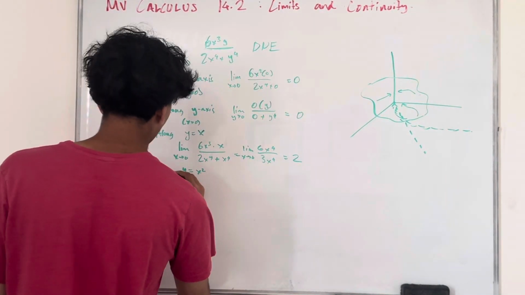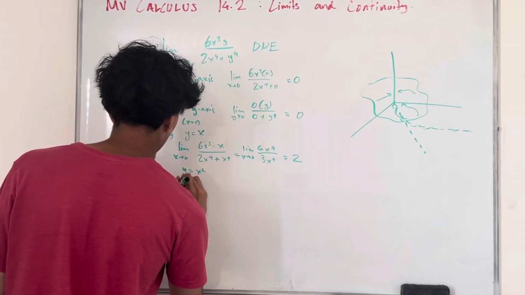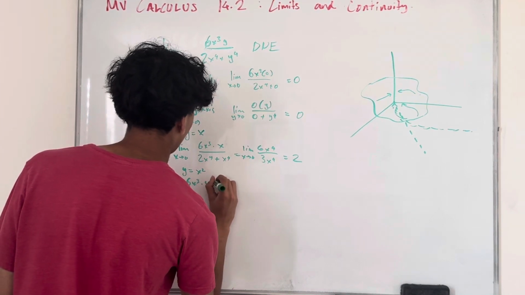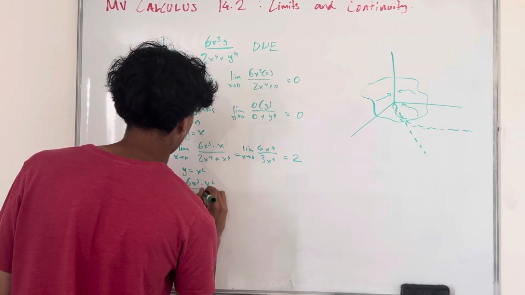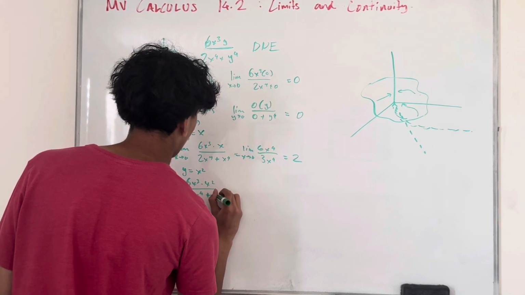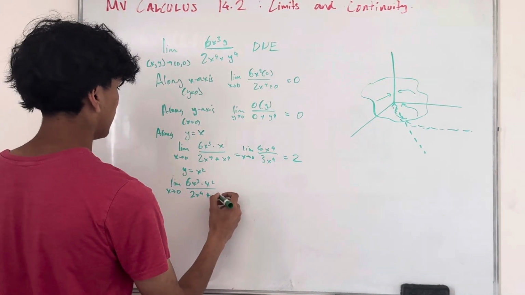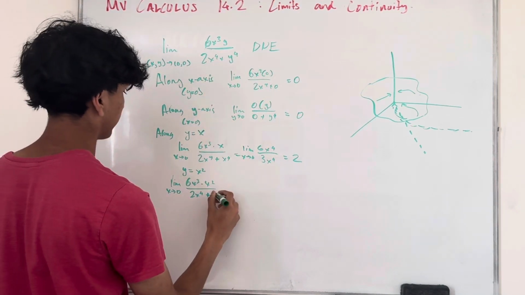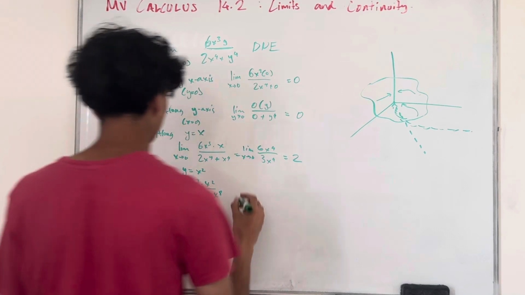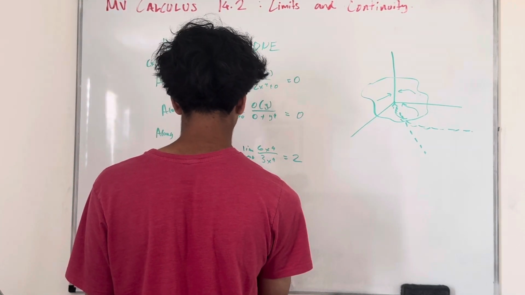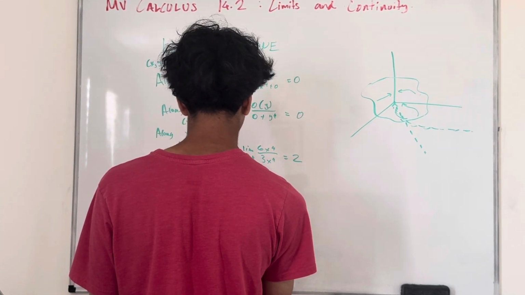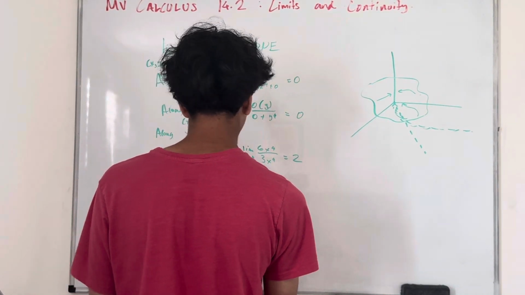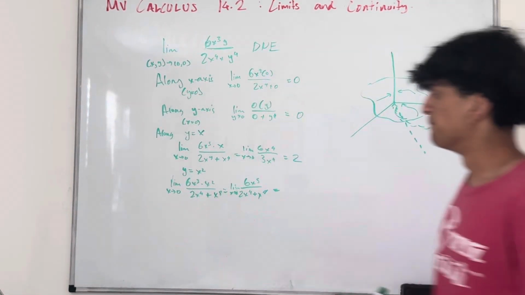So if I were to take the limit as x approaches 0 of 6x cubed times x squared over 2x to the 4th plus x squared to the 4th, which is x to the 8th, I would get 6x to the 5th over 2x to the 4th plus x to the 8th.